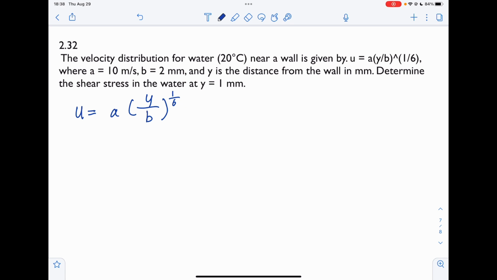Okay, now let's write down the equation for the shear stress, which is tau equals mu times du over dy.